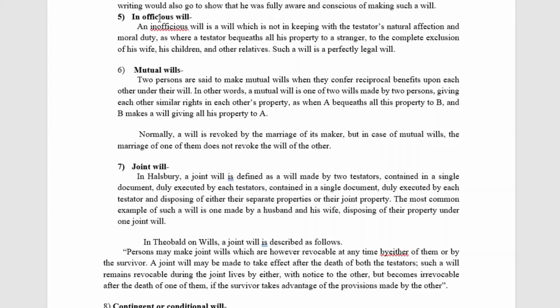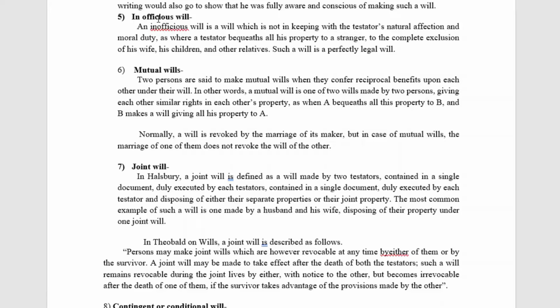And next one is the officious will. Here in the officious will, a will which is not in keeping with the testator's natural affection and moral duty, as where the testator bequeaths all his property to a stranger to the complete exclusion of his wife, his children and other relatives, such a will is perfectly legally valid.